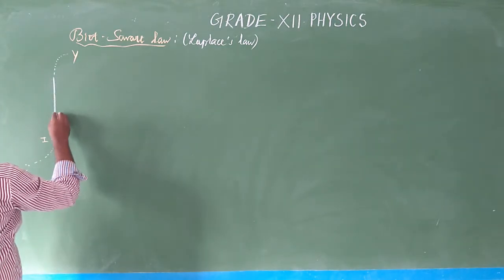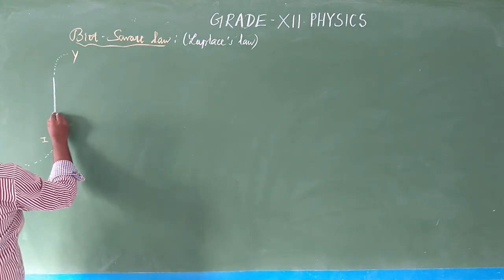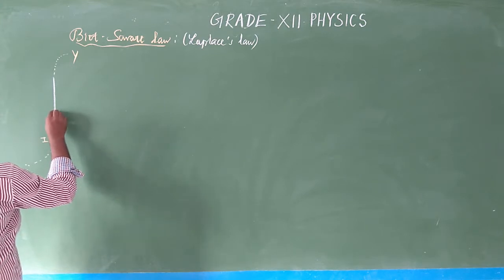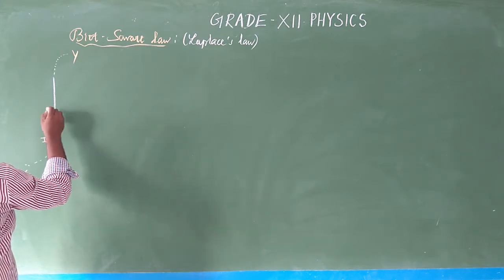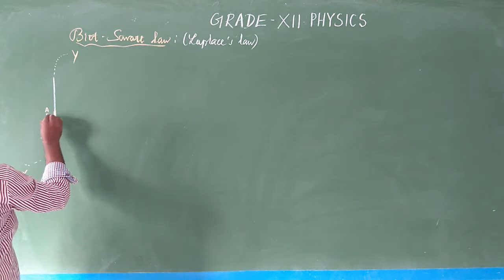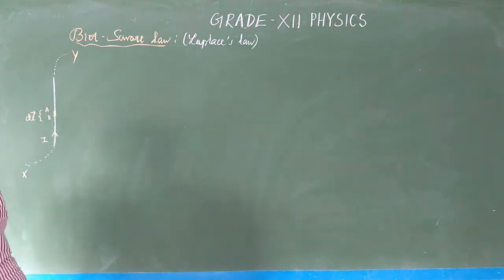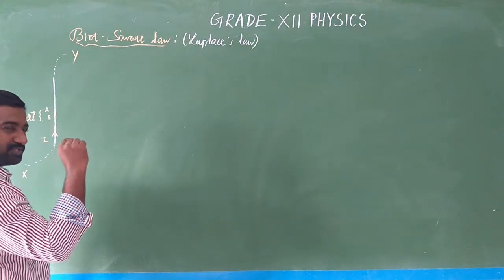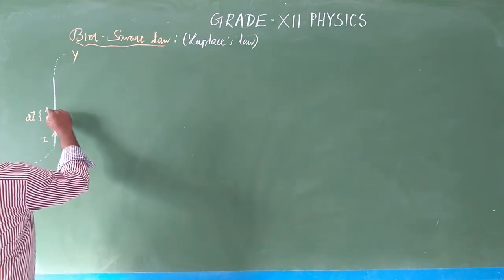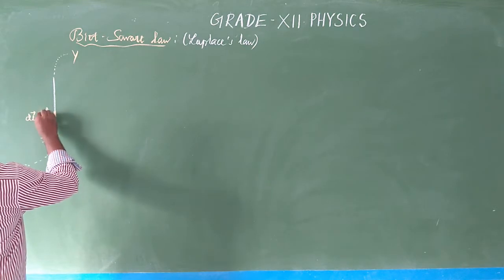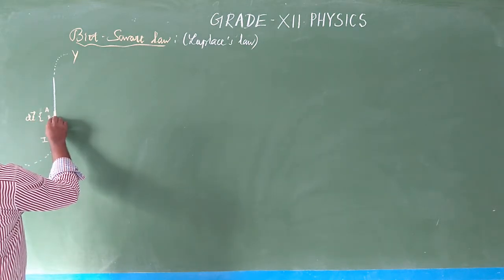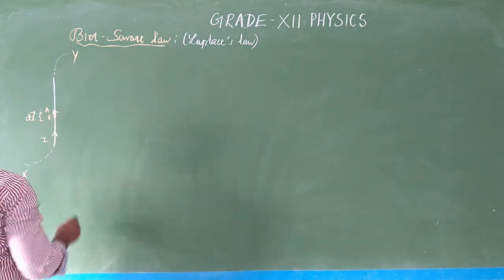Now in this straight infinite conductor, we take a small current element AB. The size of the current element is dl. This is the current element.